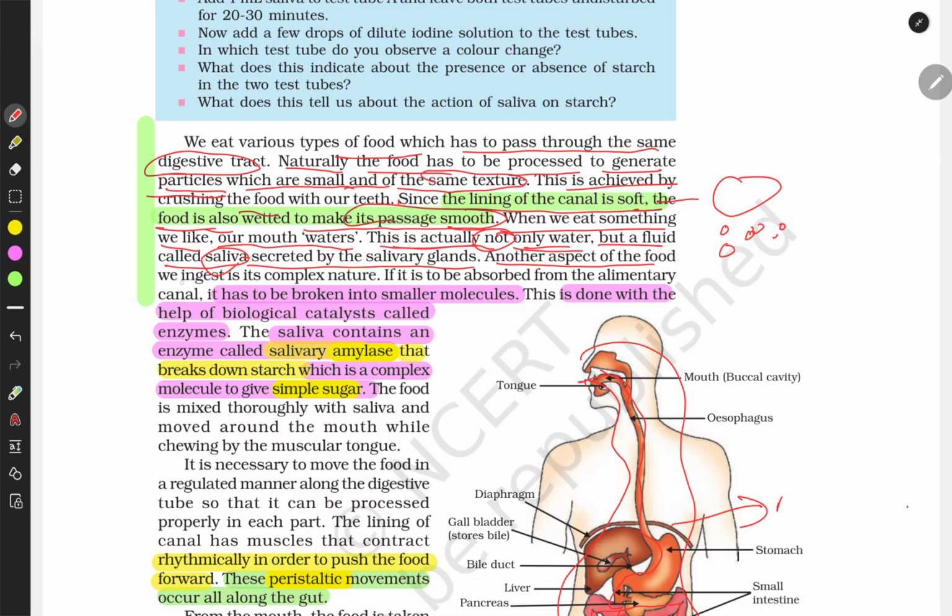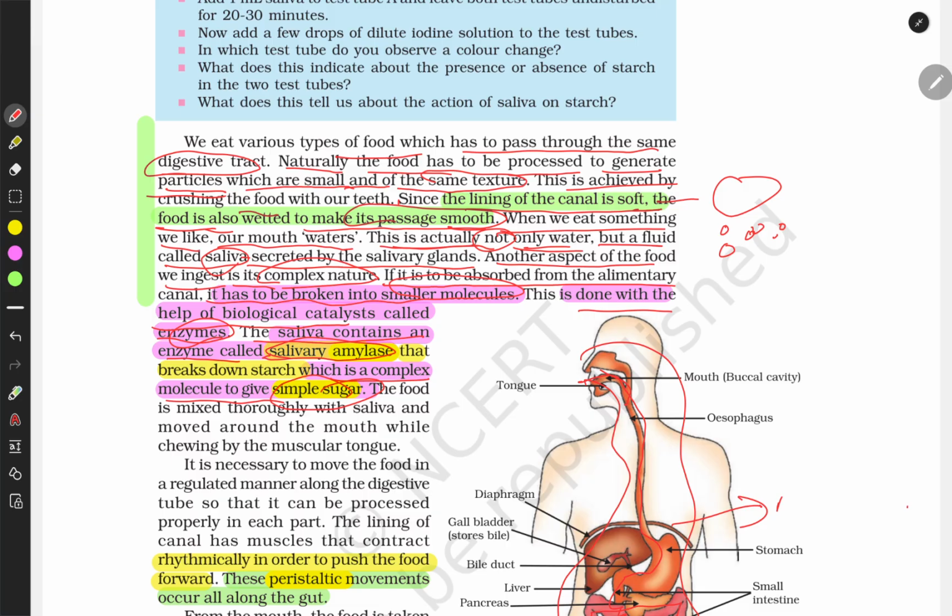Another aspect of the food we ingest is its complex nature, and if it is to be absorbed from the alimentary canal, it has to be broken into simpler molecules. This is done by biological catalysts called enzymes. The saliva contains an enzyme called salivary amylase that breaks down starch, a complex molecule, into simple sugar.